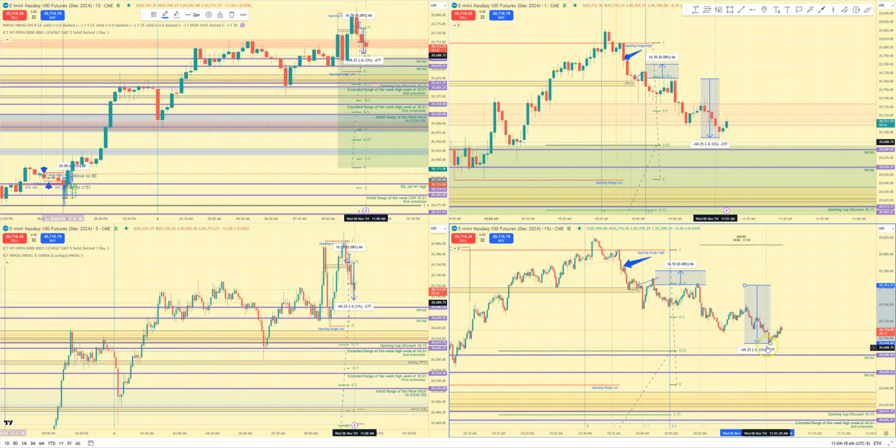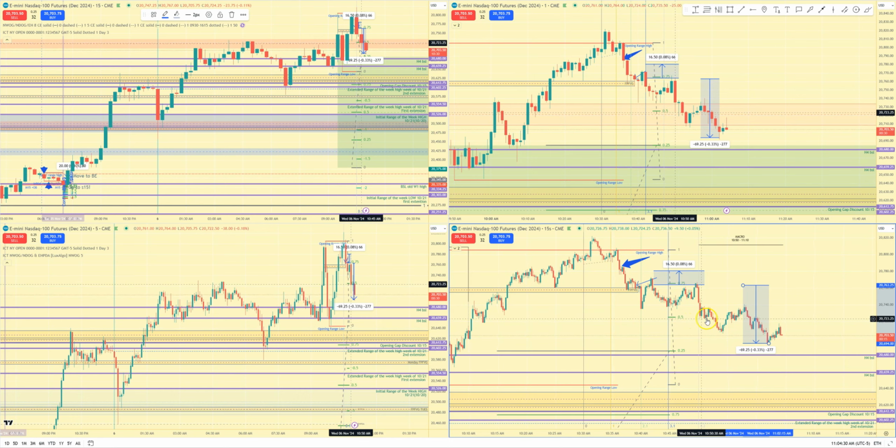It's nice to see that it would have met it. The 50% of the range, from here to here, did get hit here, and that would have been in the 30s. I think it was 38 handles. So that would have been a successful trade there if I just kept to that.